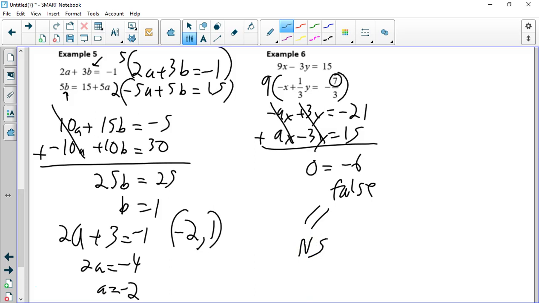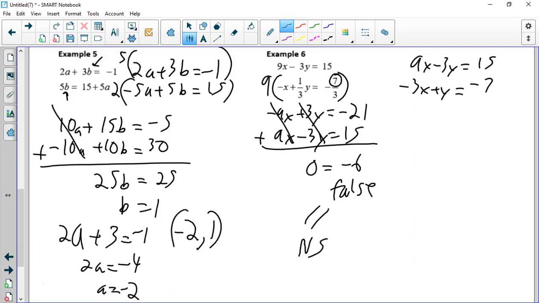Okay? Now, real quickly, like I said, if you wanted to multiply the bottom one by 3, just to get rid of those 3's, you'd end up with negative 3x plus y equals negative 7. Okay? And you would have had this problem. And that's a perfectly okay way of doing it.